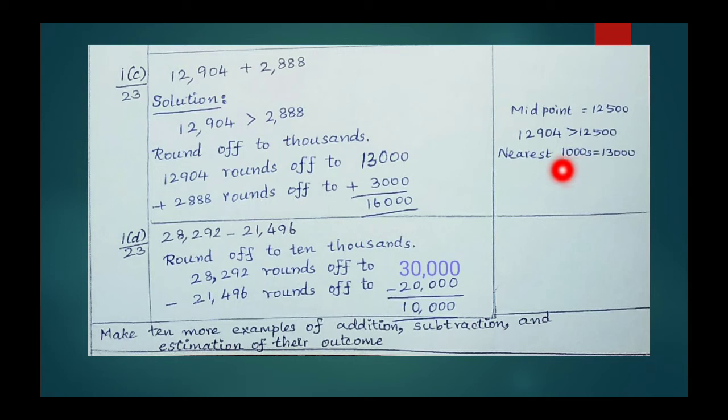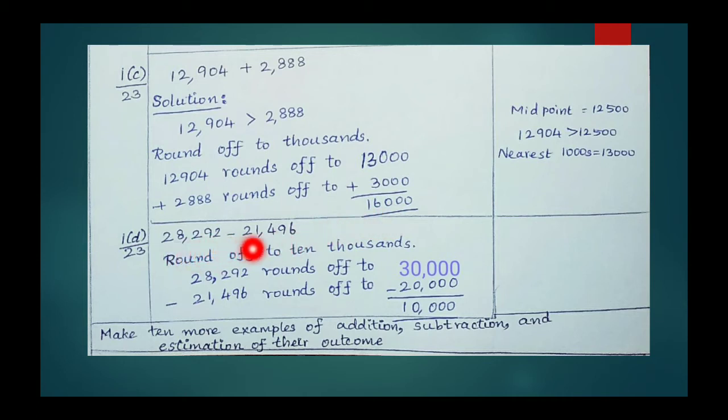We have to round up to 13,000. Now 2,808 lies between 2,000 and 3,000. It is greater than the mid value 2,500. So we have to round up 2,808 to 3,000. Add these estimated numbers, you get 16,000 as the estimated sum.